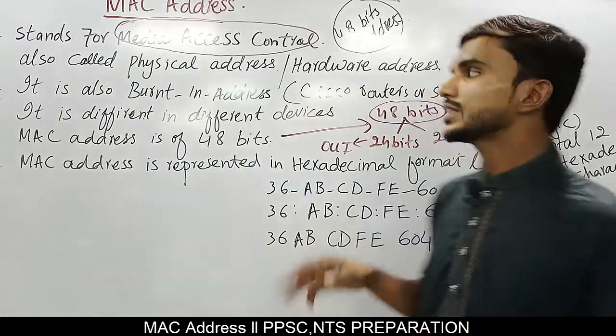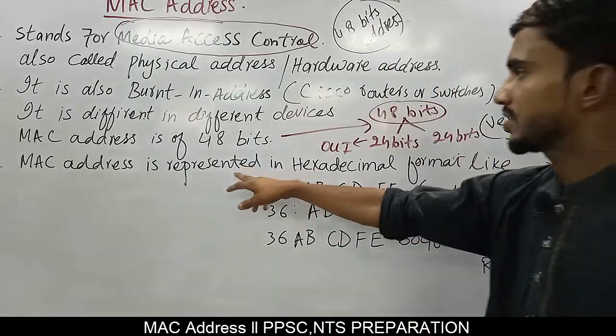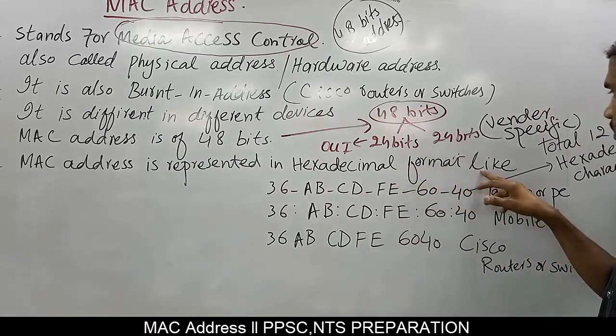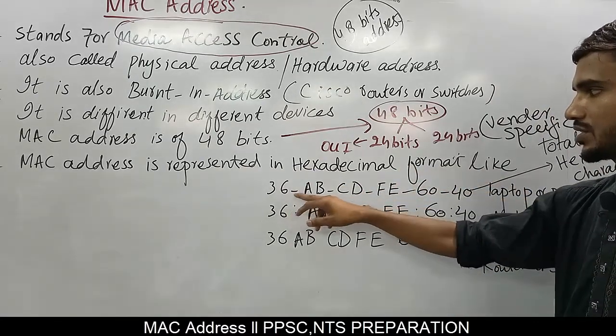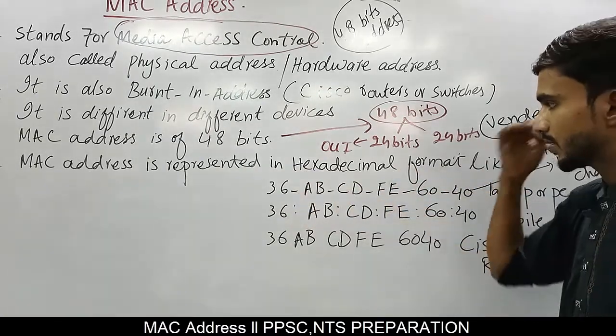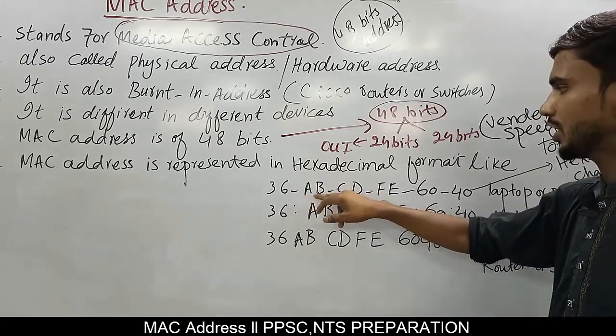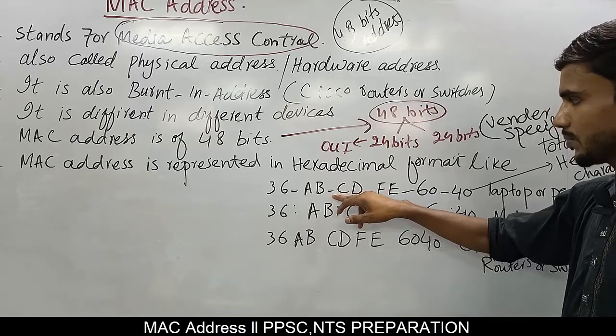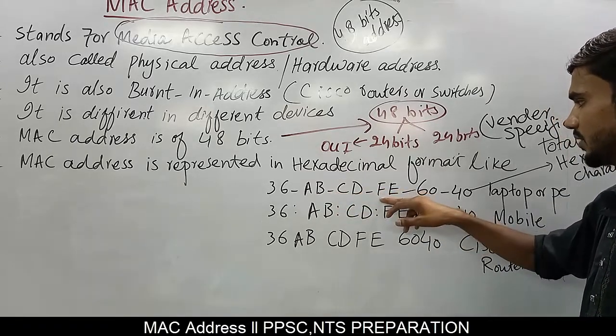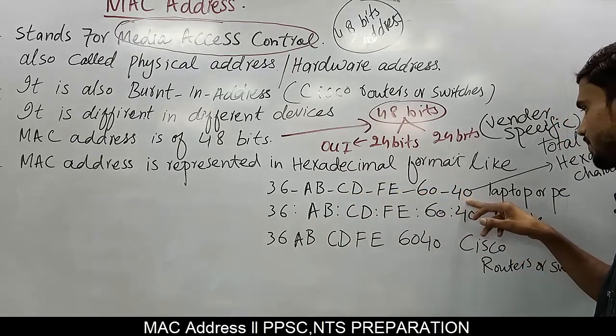Okay, so basically MAC address is represented in hexadecimal format, like this format, 36 colon, you can say colon, not underscore, colon AB, or you can say minus as well, CD minus FE minus 60 minus 40.